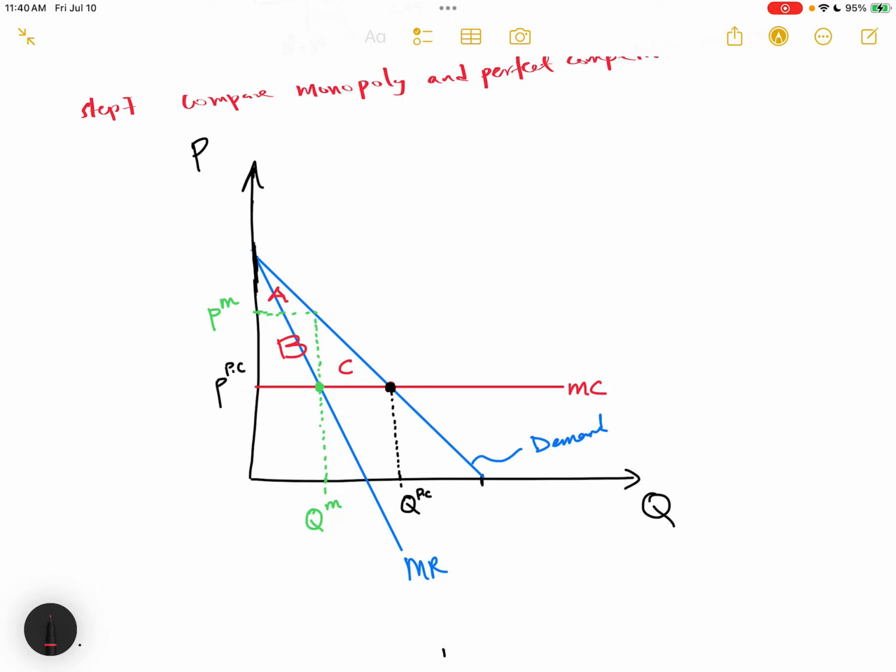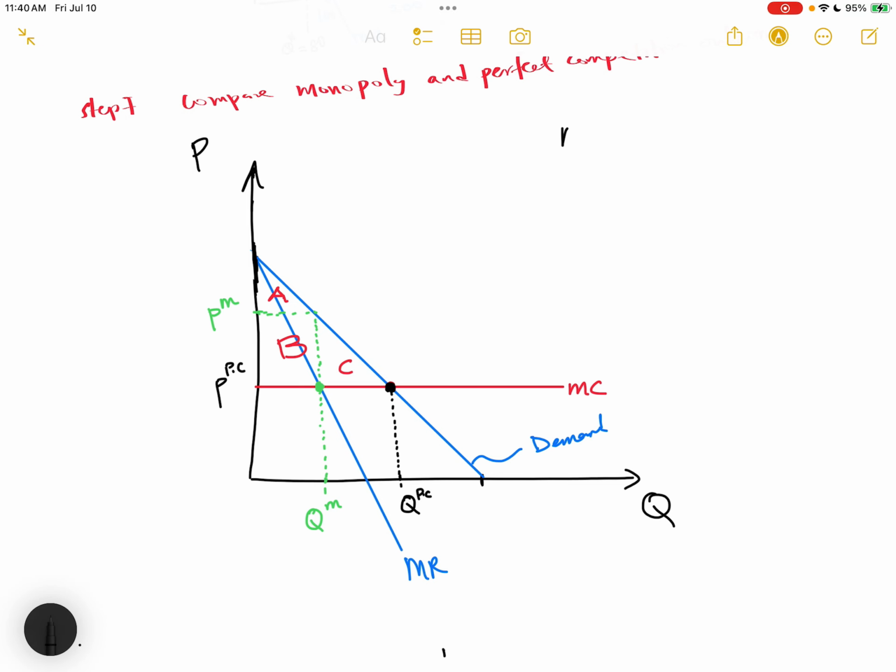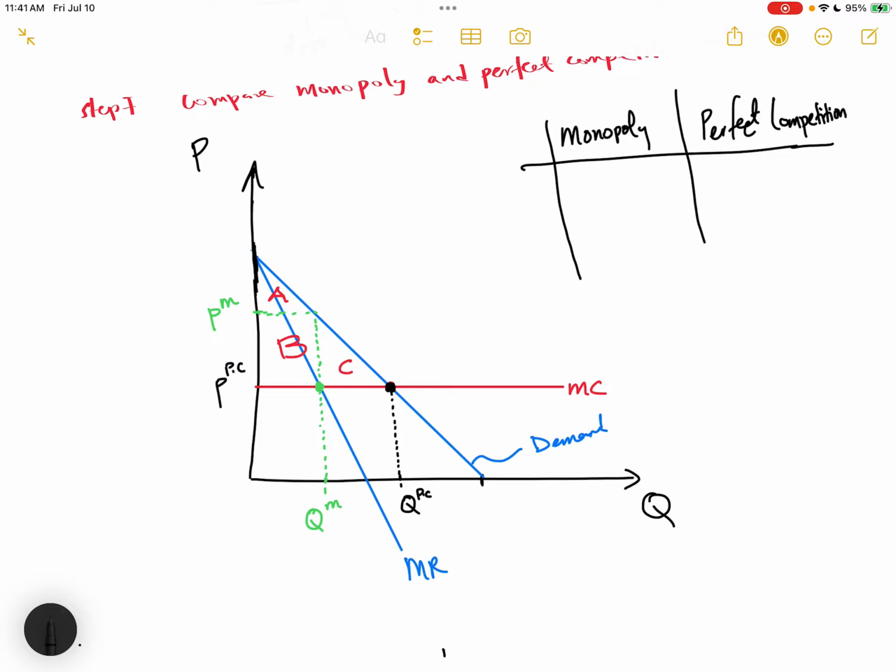Well, we have monopoly versus perfect competition. We are interested in producer surplus, and we're interested in consumer surplus.